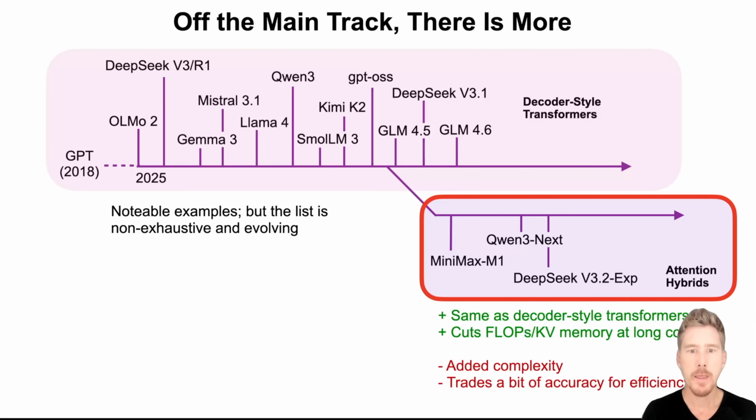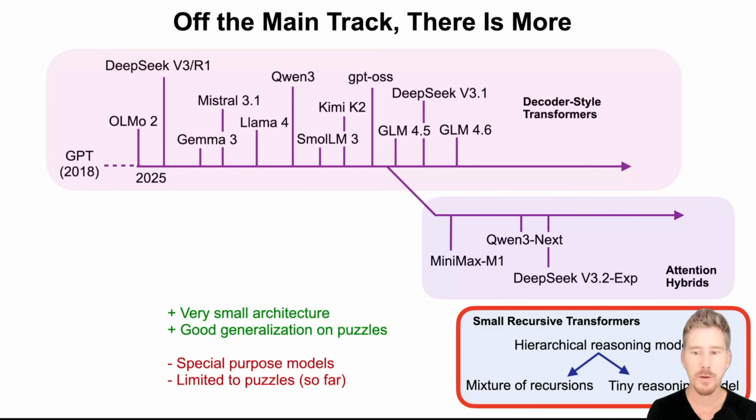If we go off the main track further, there's currently the hot model, the tiny reasoning model, which is related to the hierarchical reasoning model. It is a very interesting new approach. They have been showing that this type of model performs very well on puzzles like Sudoku, maze pathfinding, and ARC, the ARC benchmark, a logical puzzle type of thing. However, it's not a text model. So it's cool that people are working on that, but it's not a model that you can chat with or ask questions.